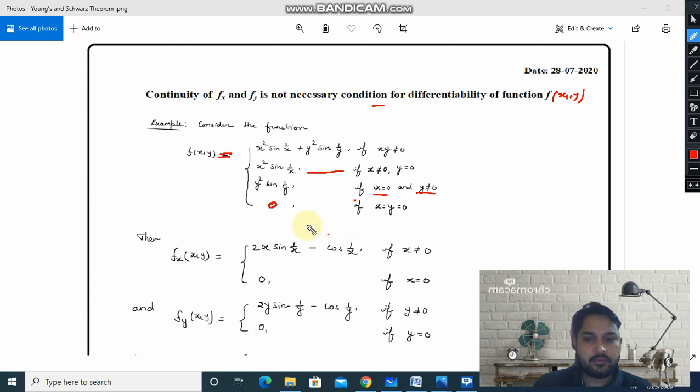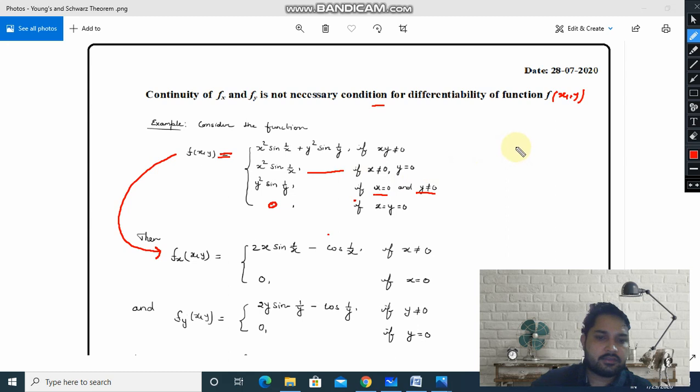So first of all we will find its partial derivative with respect to x. We know that when we differentiate the given function with respect to x, then the second variable we treat as a constant. So here y will be constant. Taking y as a constant, the derivative of this factor will be 0.